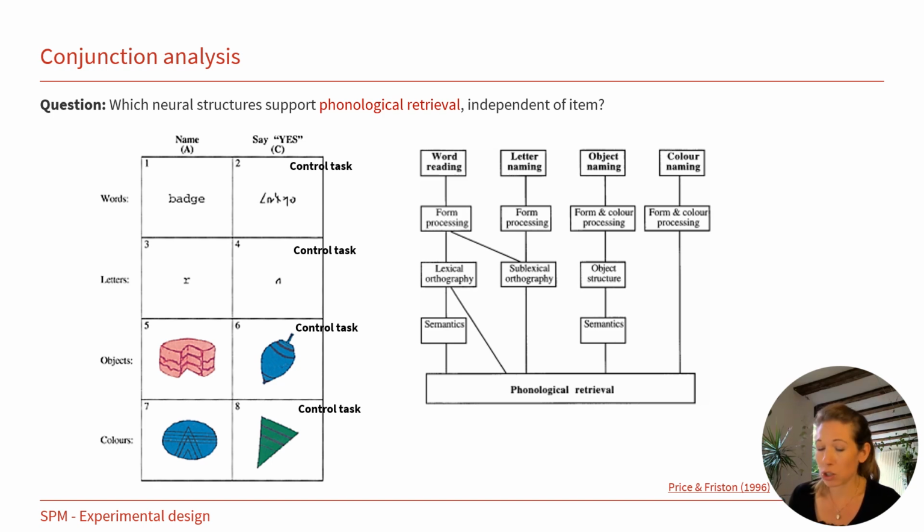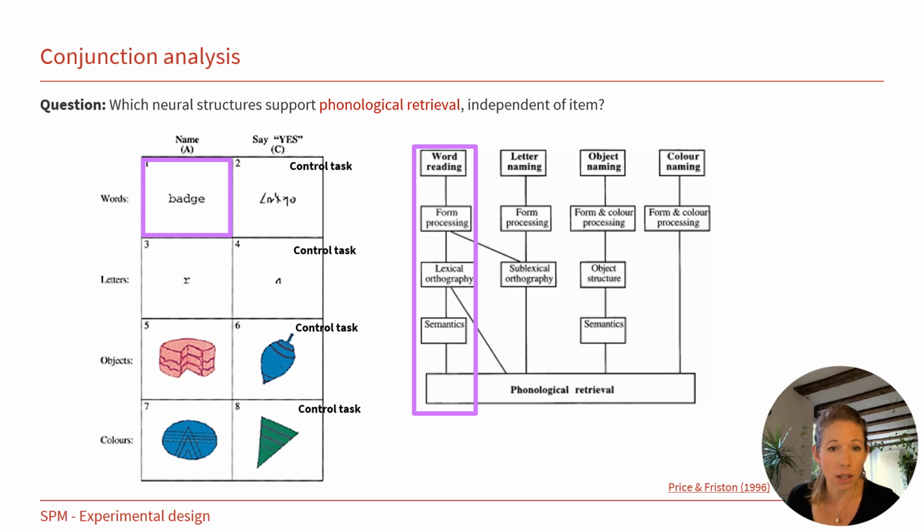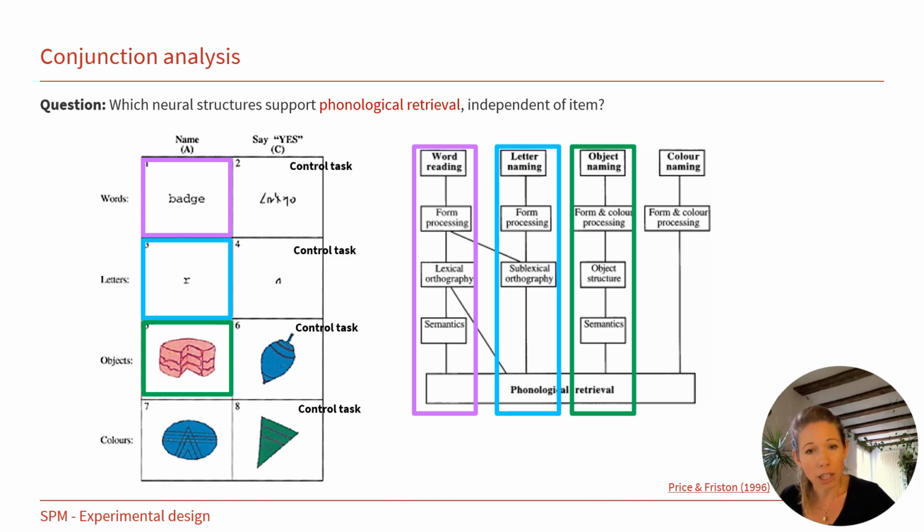Those 4 conditions were very different in terms of processes. For instance, in the condition words, in order to read out a word, there are different processes involved, like form processing, lexical orthography, semantics, processing of semantics, and finally phonological retrieval. And each of those conditions had different processes.